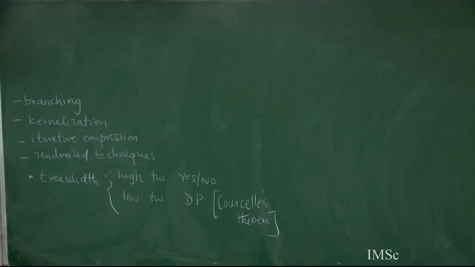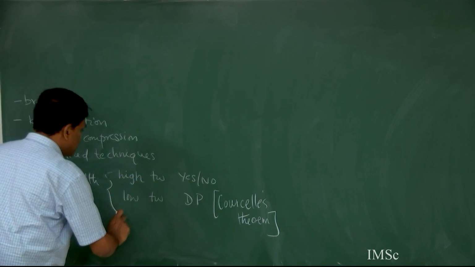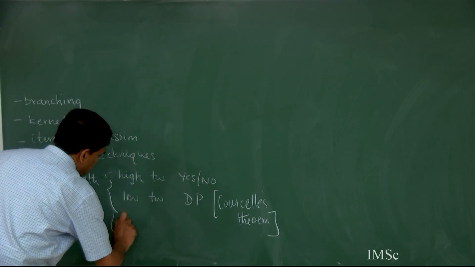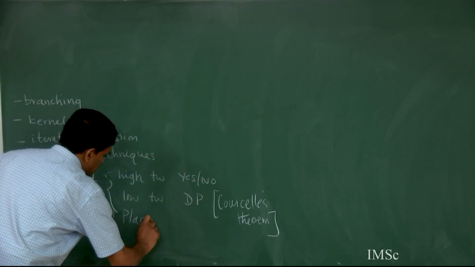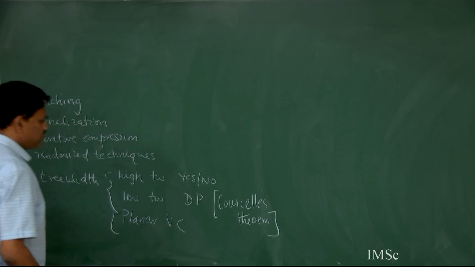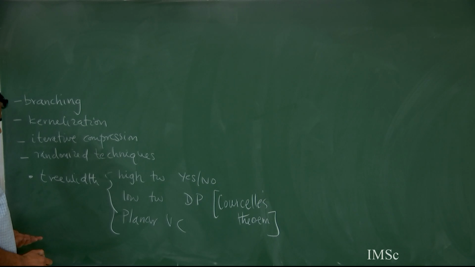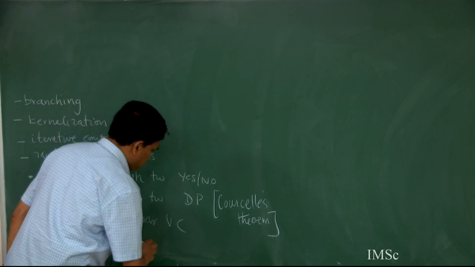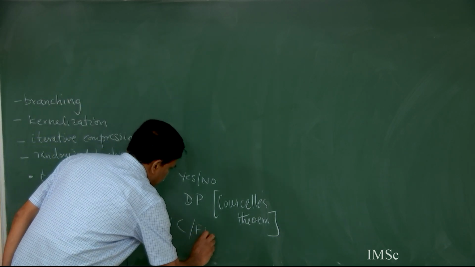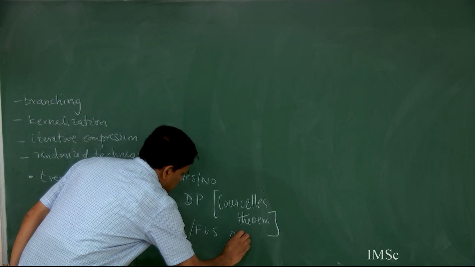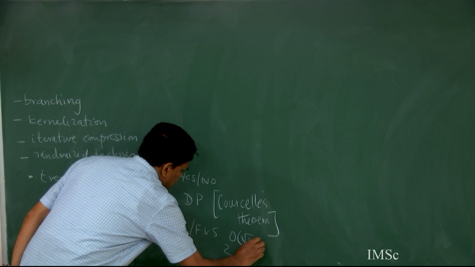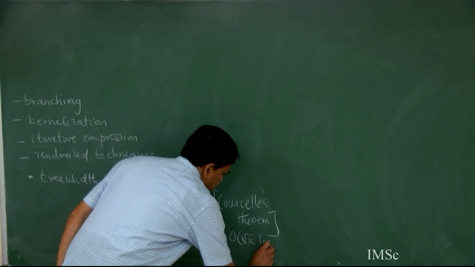So, today we will look at a couple of such classification tools, these big theorems. For example, using these big theorems, including the grid theorem, we showed that planar vertex cover and FES have 2 to the sub exponential something like this.